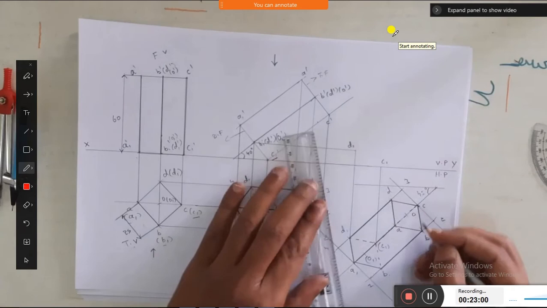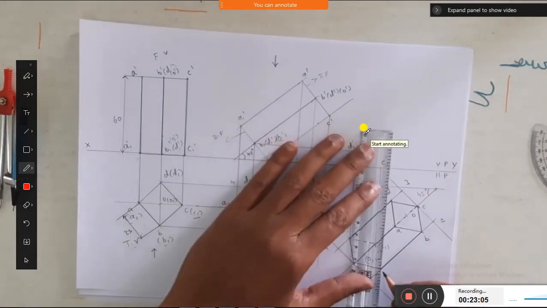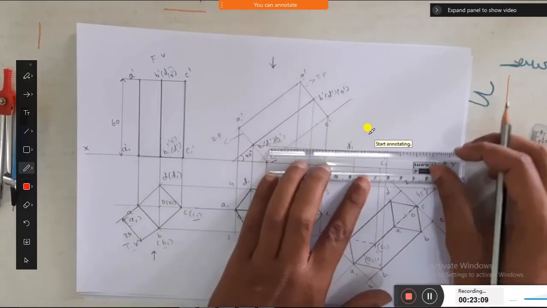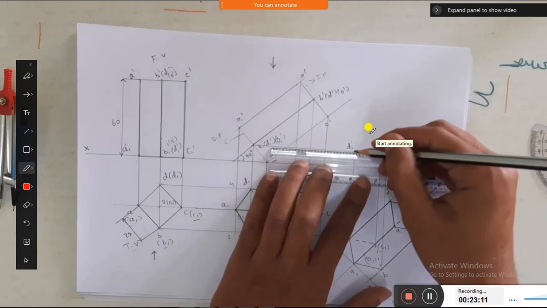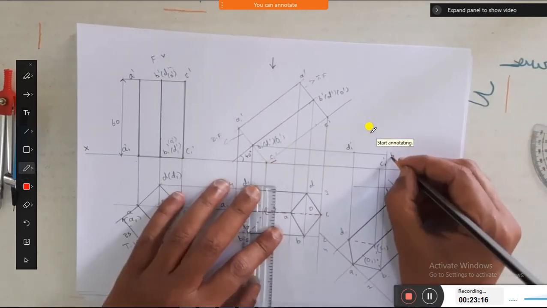Like this you have to mark with respect to the same thing, then B1 and B1 dash. Similarly A.